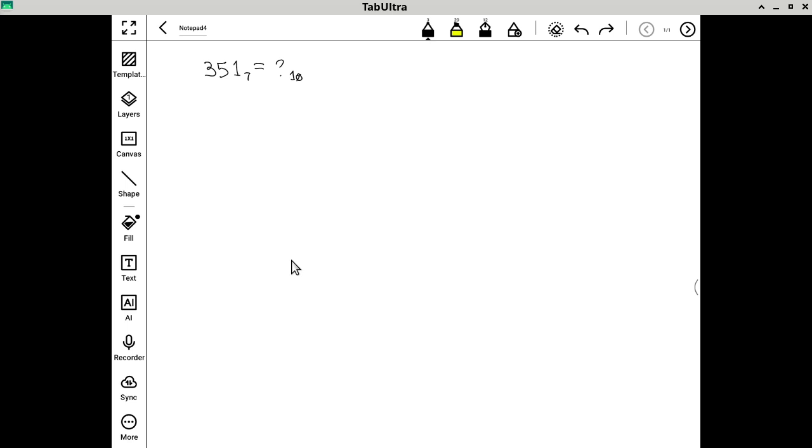So now we have to name the digits. There's a digit 0, there's a digit 1, there's a digit 2. Who is digit 0? Yep, that is correct. So this is digit 0.